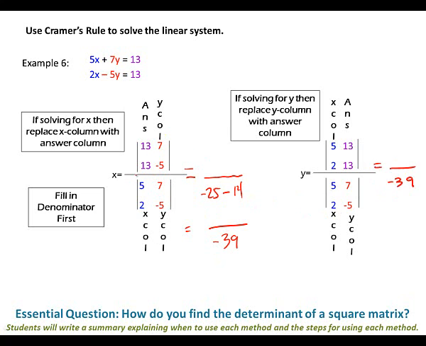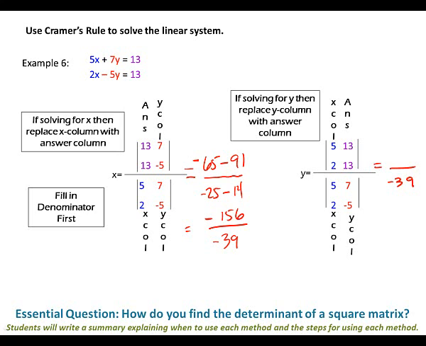Now let's do the numerator determinant. What's 13 times -5? -65. Good. Minus, what's 13 times 7? 91. Good. All right, -65 minus 91 is negative what? 156.